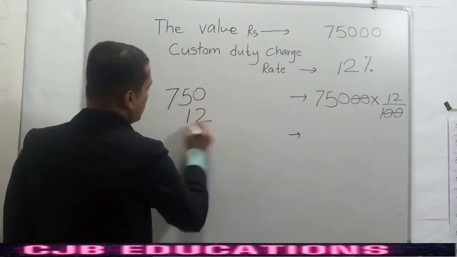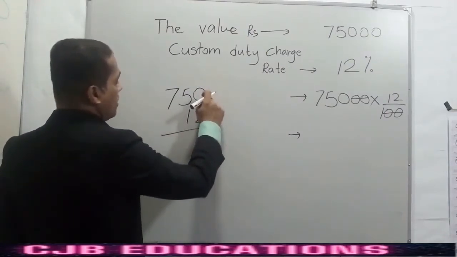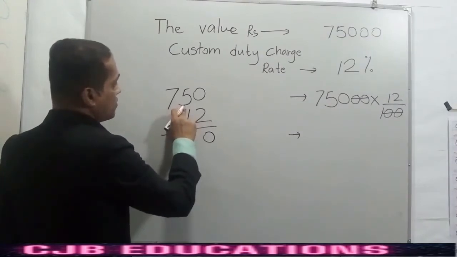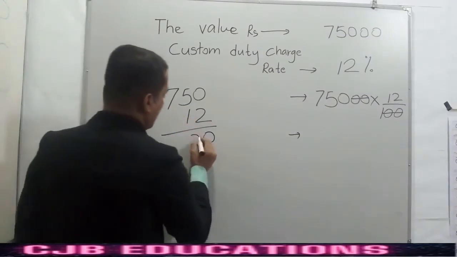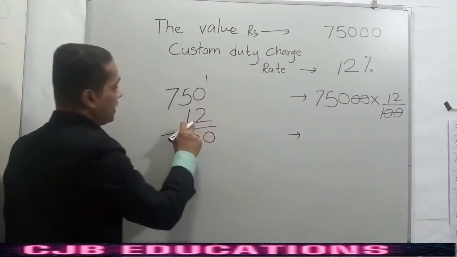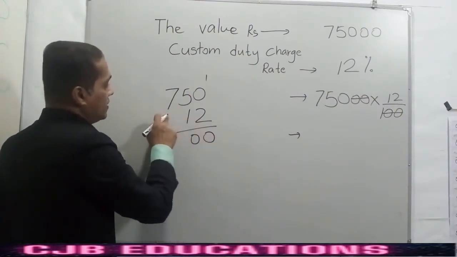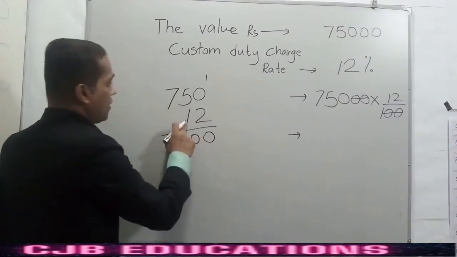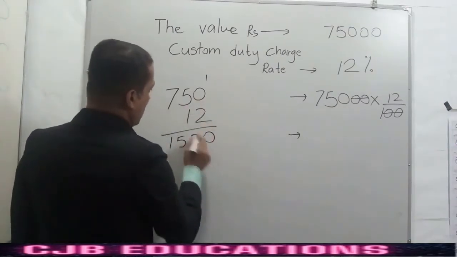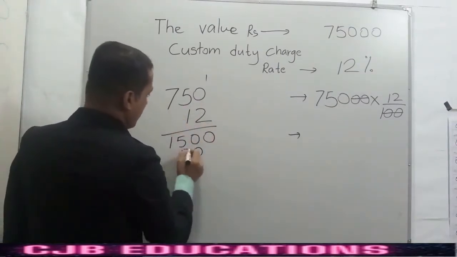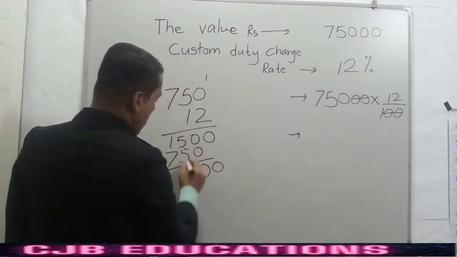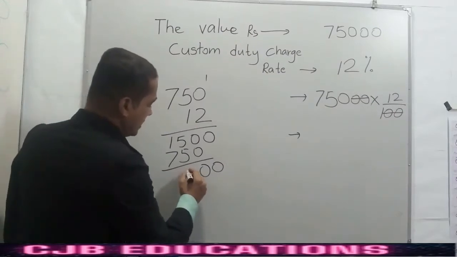Then we can find out 750 multiplying by 12. 2 times 0 is 0. 2 times 5, 10, put 0 here and put 1 here. 2 times 7, 14. 14 plus 1, 15. Then 1 times 0, 0. 1 times 5, 5. 1 times 7 is 7 also. 0, 0. 5 plus 5, 10.